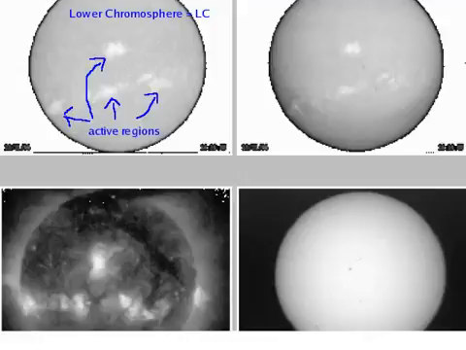So that means only one of these other three images was taken on the same day at the same time as the image on the upper left, which in our case would be the lower chromosphere.